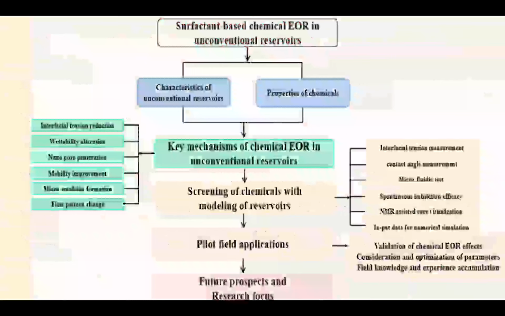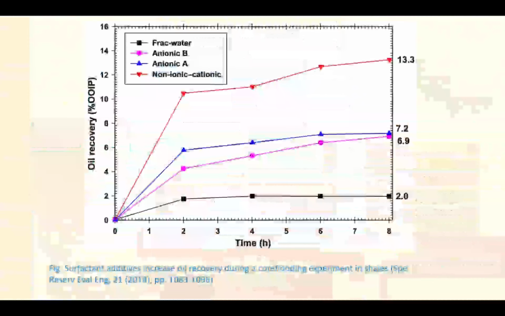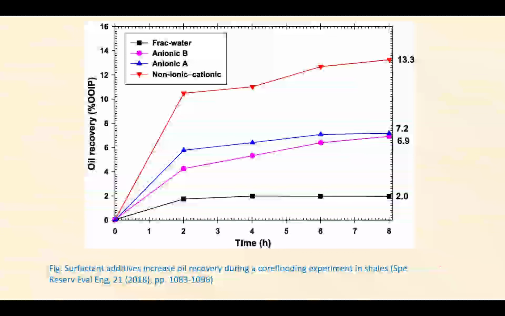Now, this was already discussed, and here particularly the screening, that is, how the different surfactants can be screened for a particular application. Here is some typical recovery performed in a lab study, taken from a paper.